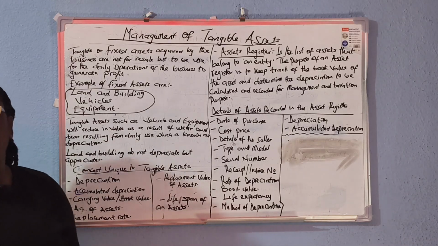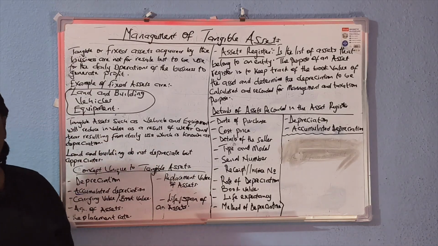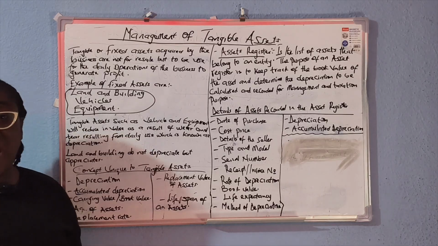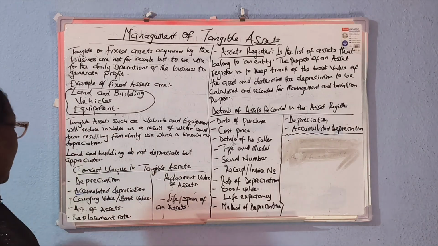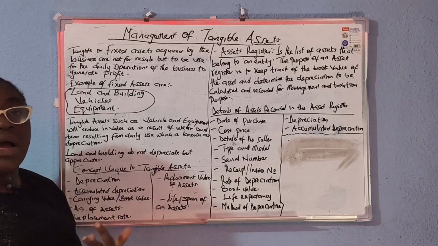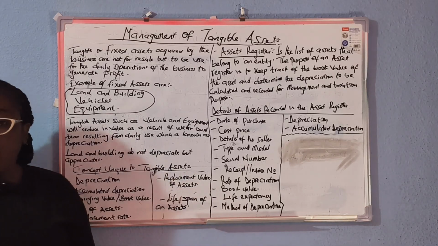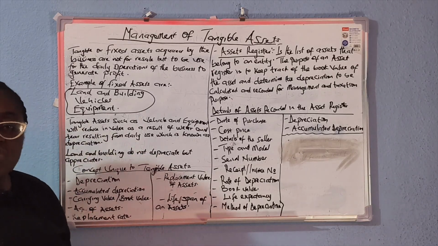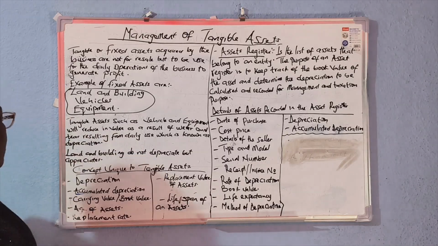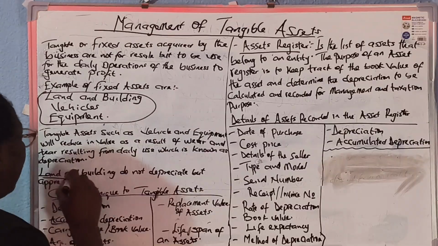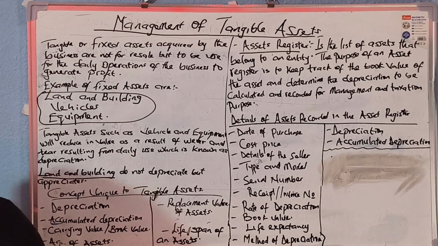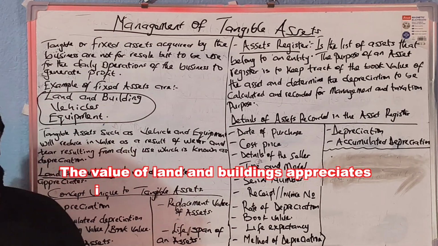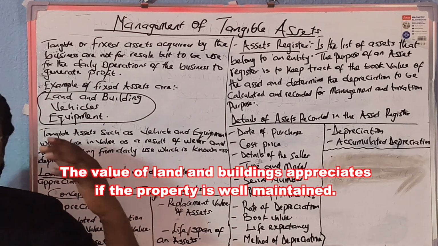And why is that? Because the car is no longer new, it is now second hand. So our vehicles and our equipment do reduce in value.